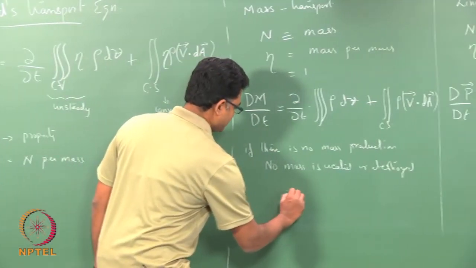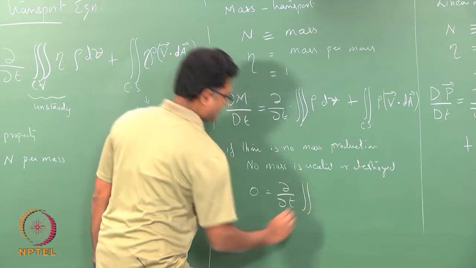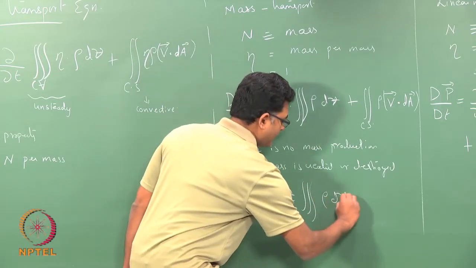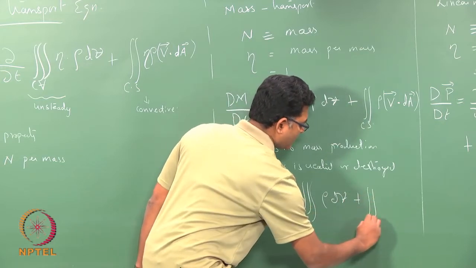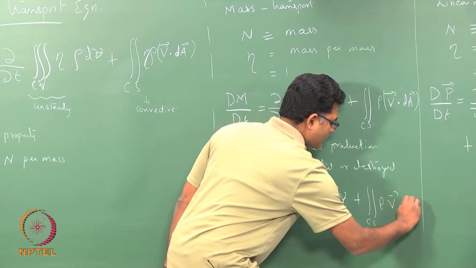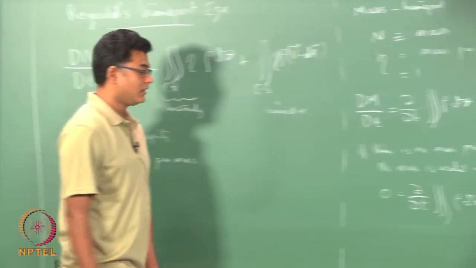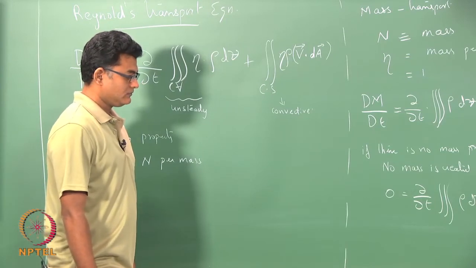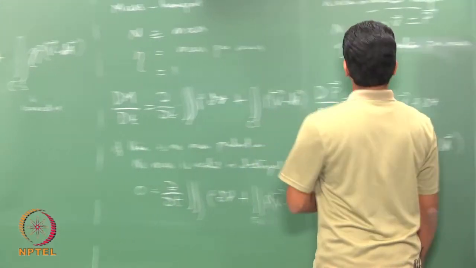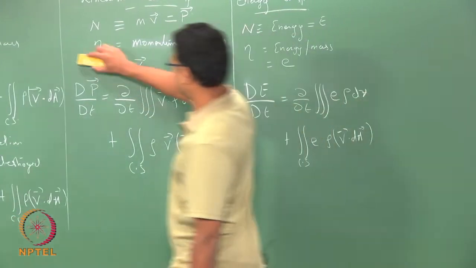Then this is 0 equals dou by dou t integral rho dV plus surface integral rho V dot dA. Now, we will move forward. I am rubbing this for the time being. We will come back to this in a short while.